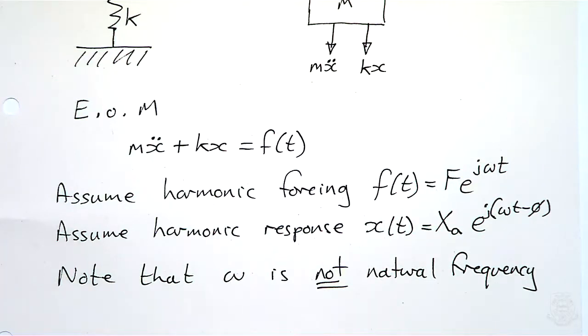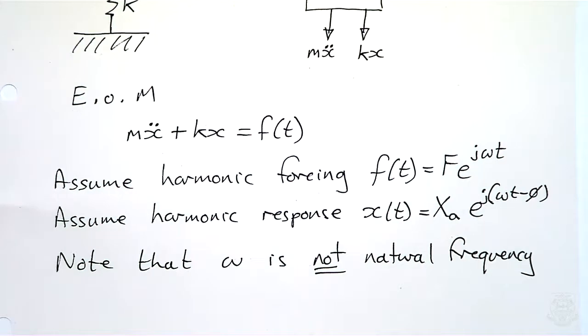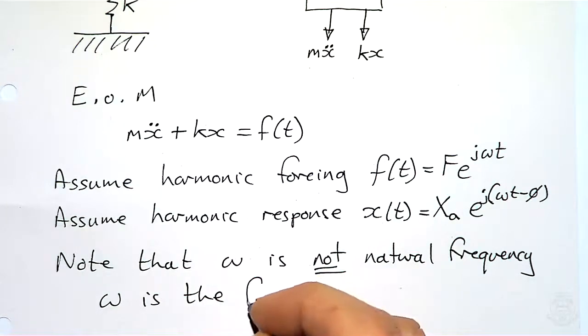It doesn't have an n, it doesn't have a d, which previously, when we found the solutions for the unforced case, we found these natural or damped frequencies, didn't we? This time, it's omega without any subscripts, and that means it's what we call the forcing frequency. So omega is the forcing frequency.